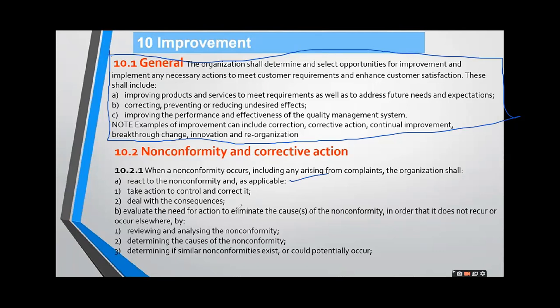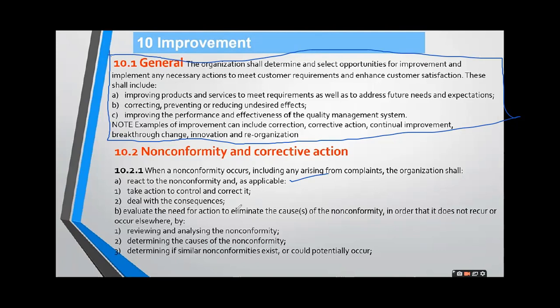Second one, you will evaluate and eliminate the root cause. Why? Because you will analyze any type of non-conformity to understand its cause. You will determine if similar issues exist or might occur elsewhere in the system.